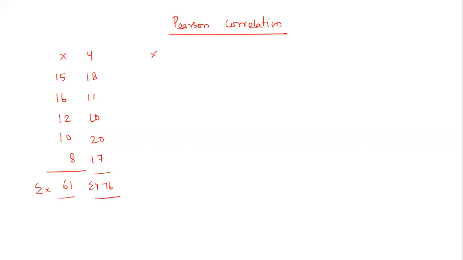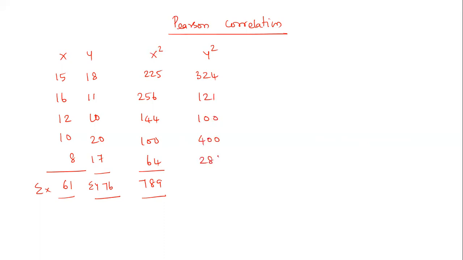So let's calculate X square, which is 225, 256, 144, 100, and 64. The sum is 789. Similarly, Y squared is 324, 121, 100, 400, and 289.